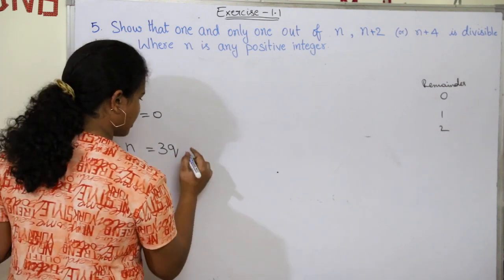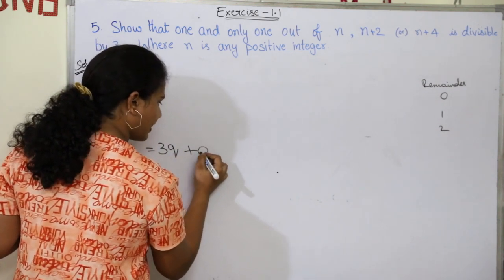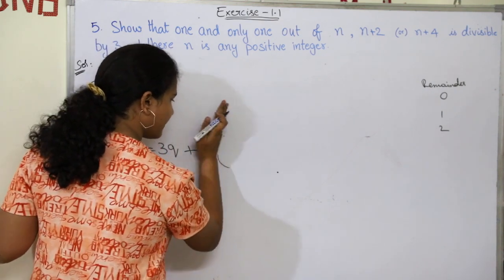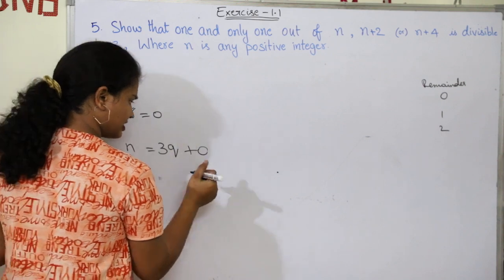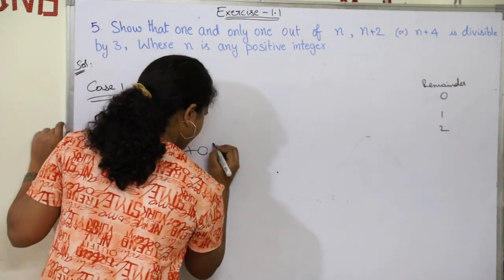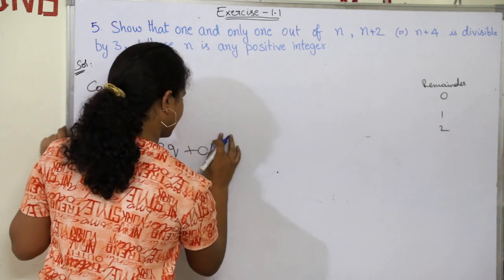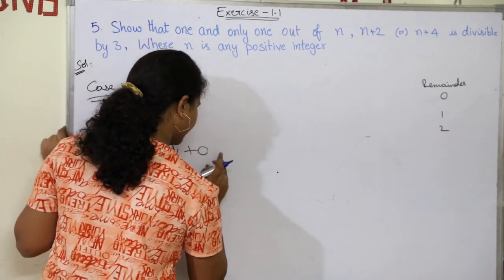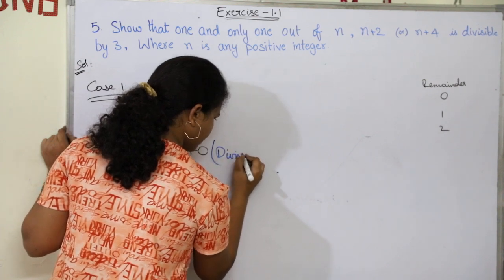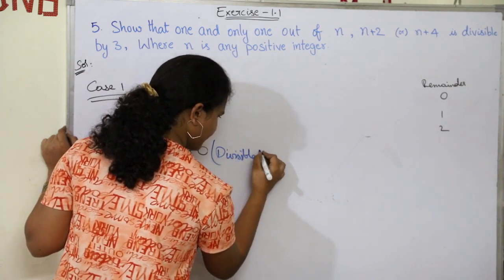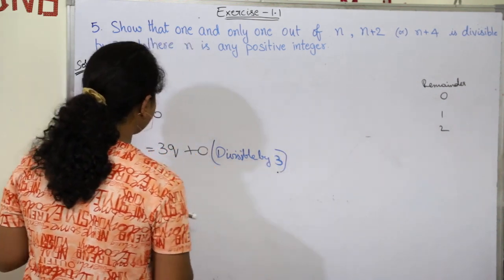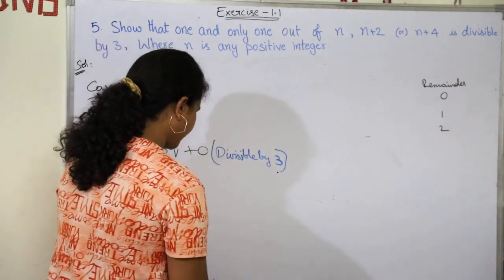Here the remainder is 0, therefore this is divisible by 3. So in the first case, n is divisible by 3.